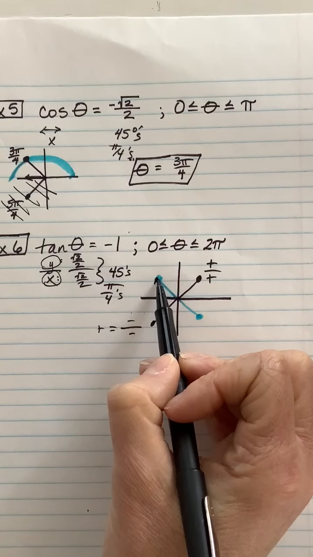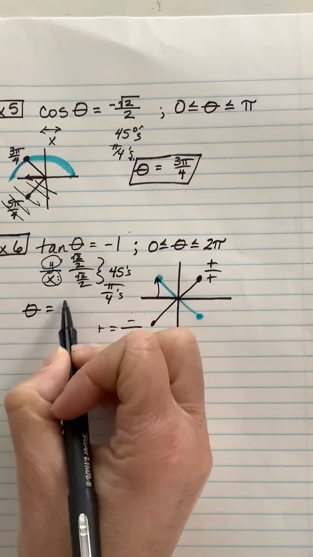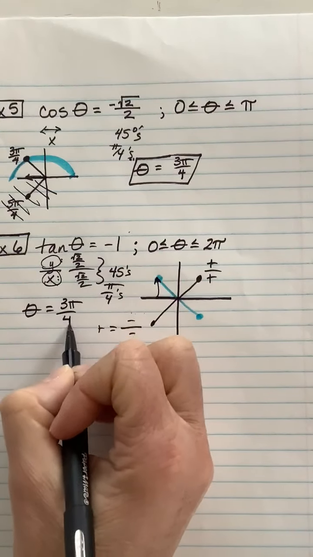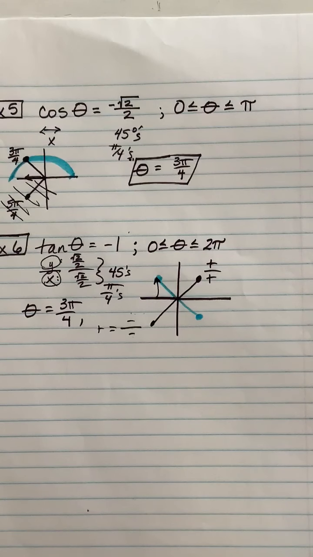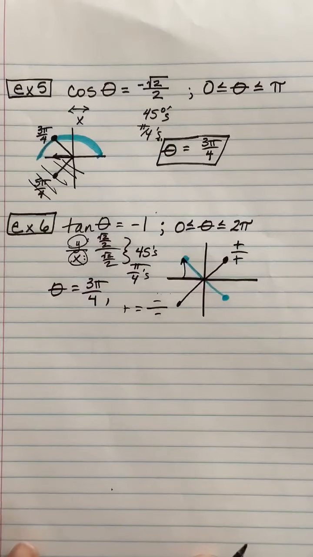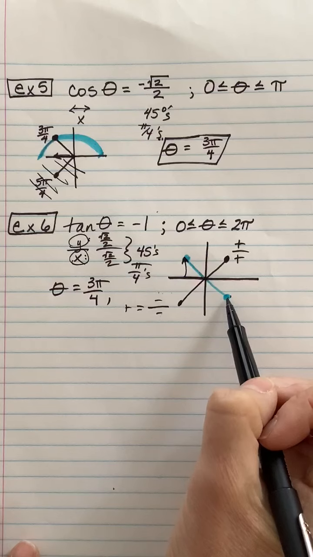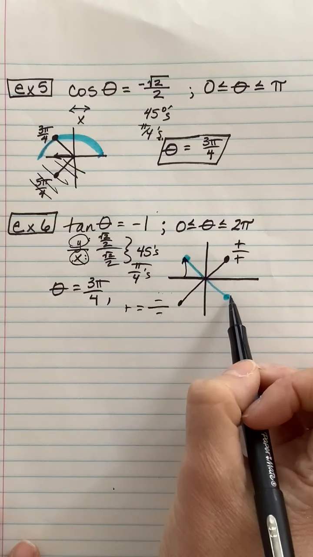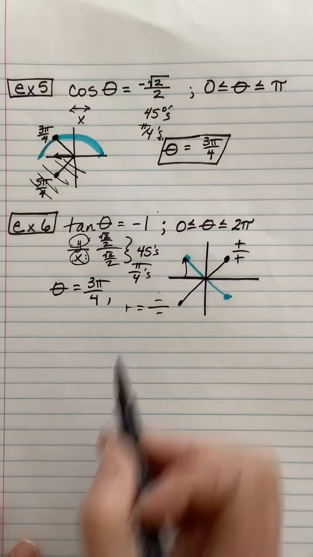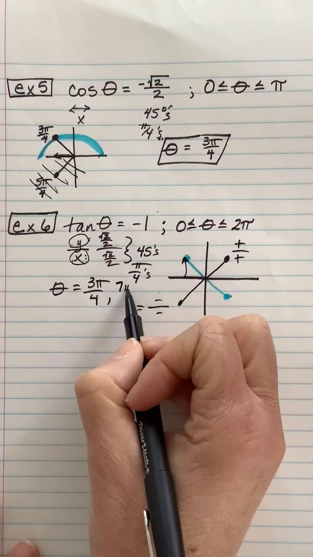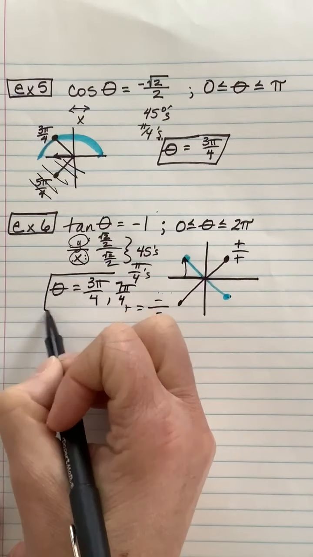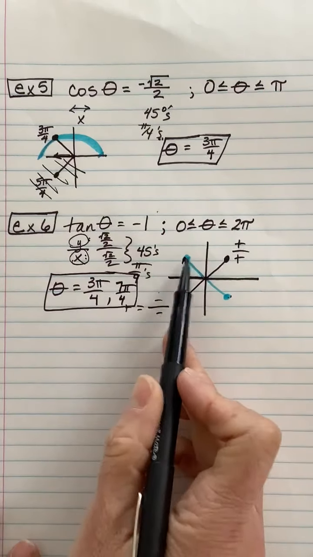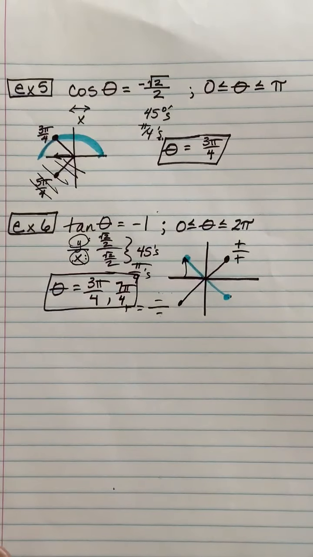So this value right here, theta equal to 3 pi over 4, would be one of your possibilities for theta. And also this one, which would be a negative divided by a positive. And that one is going to be your 7 pi over 4. So within the domain, there are 2 places where your tangent is going to be -1.